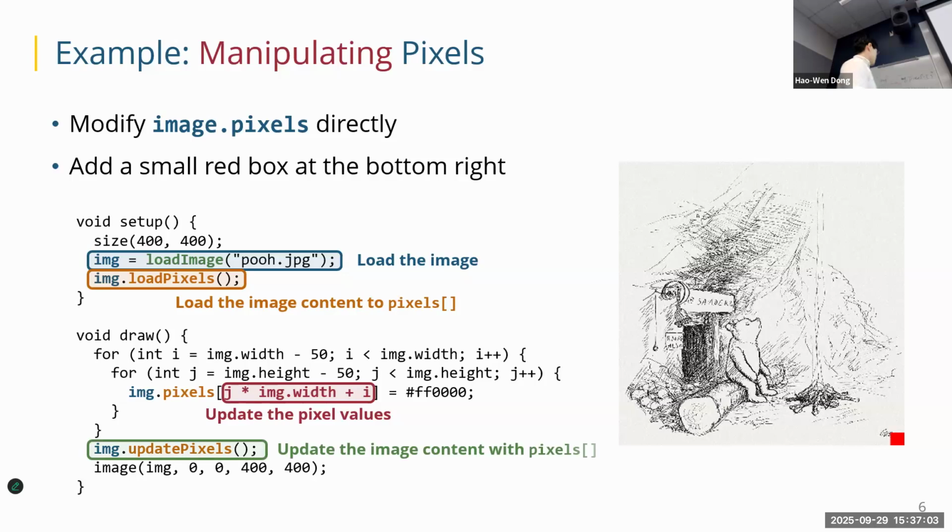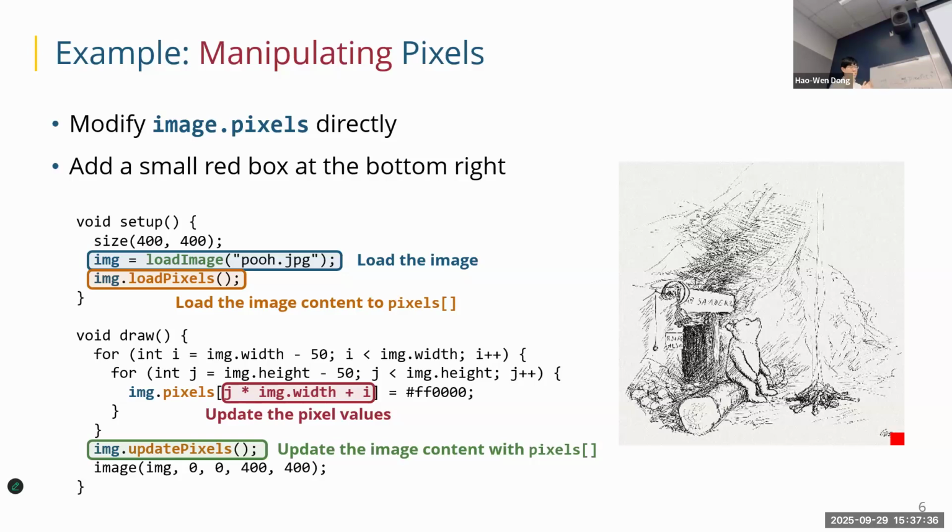Once you've done this, say you do some other stuff here, say everything else at the last few pixels will be 1. Now you update those. Then you want to turn it back, so you call updatePixels, and then the pixel array will be updated back to the image.